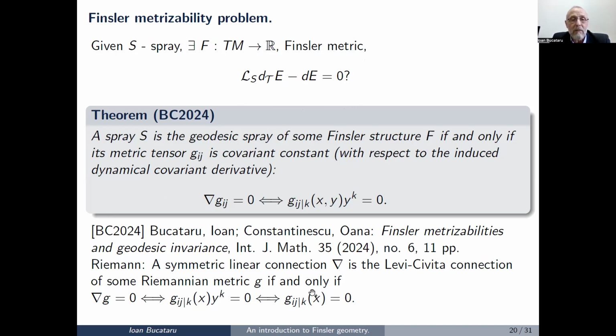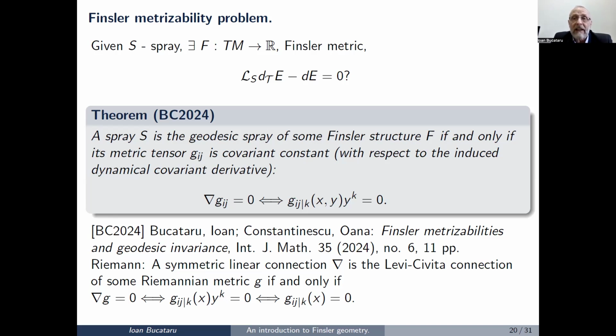In a very recent paper with my colleague Ioana Constantinescu, we actually answer this problem in the following sense. A spray S is the geodesic spray of some Finsler structure F if and only if its metric tensor is covariant constant in the direction of the geodesic spray. So this nabla here is a covariant derivative, but only in the direction of the geodesic spray.